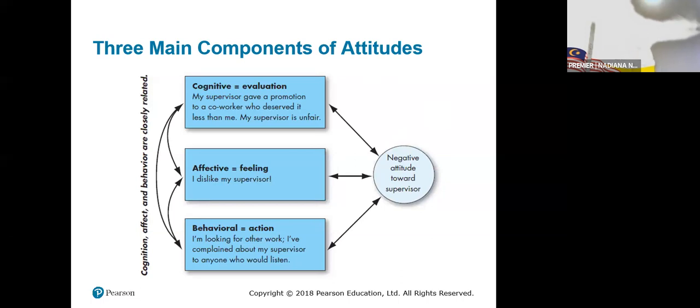If you have a positive attitude toward your supervisor, then you're happy with your supervisor. Cognitive or evaluation will show you're happy with your supervisor. There is fair treatment. And then at the affective level, you have a good feeling toward your supervisor.